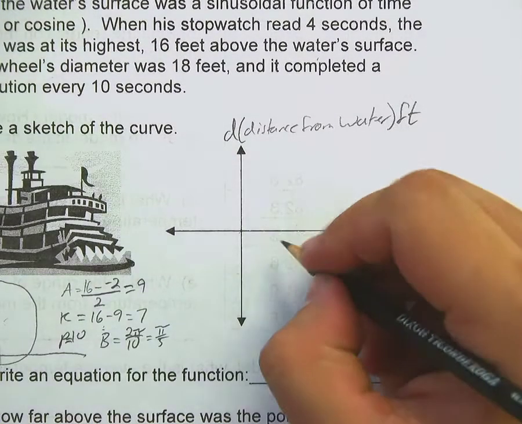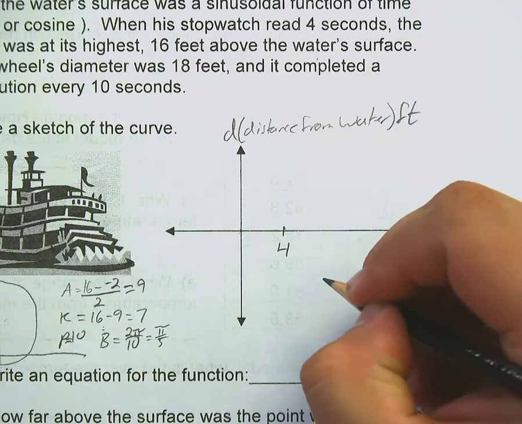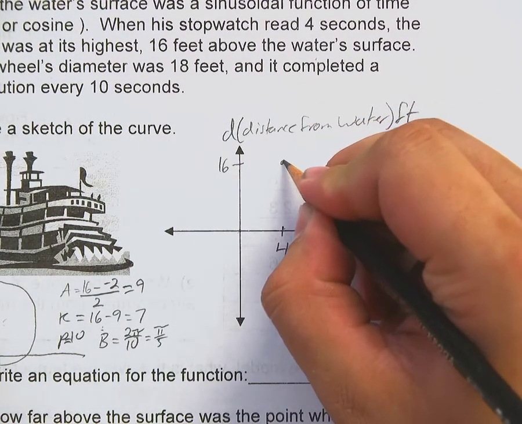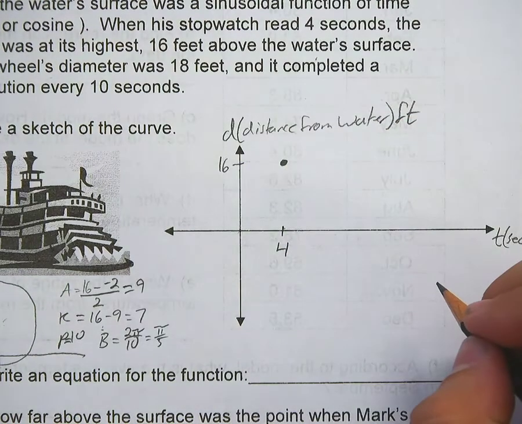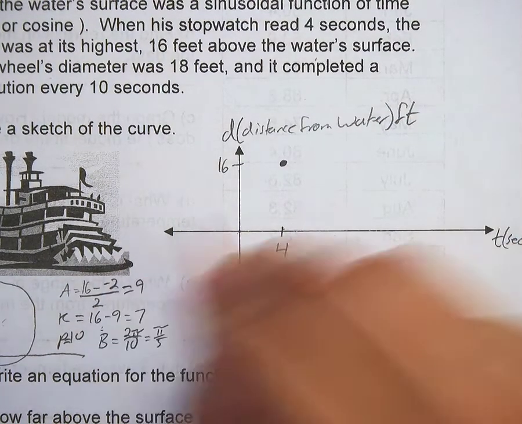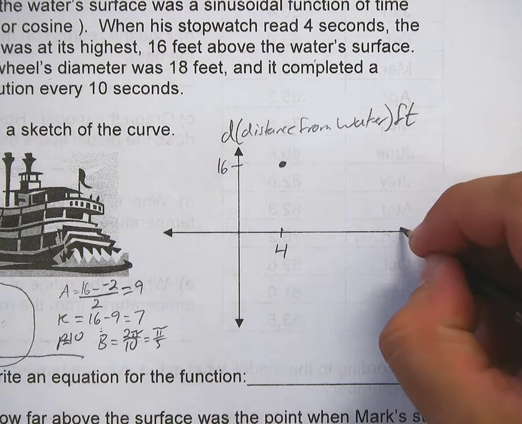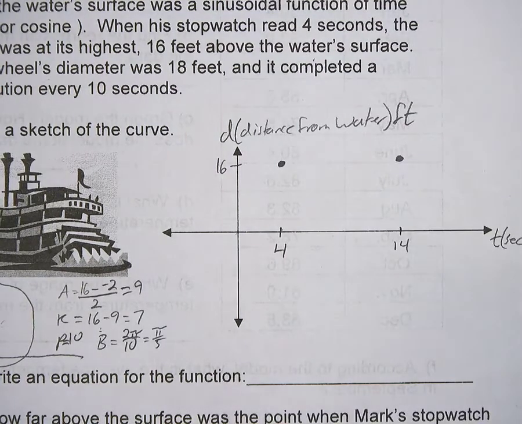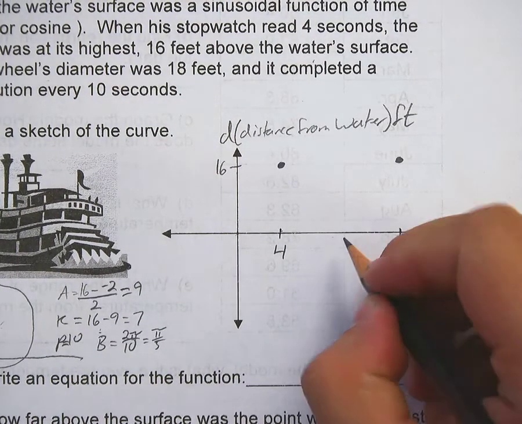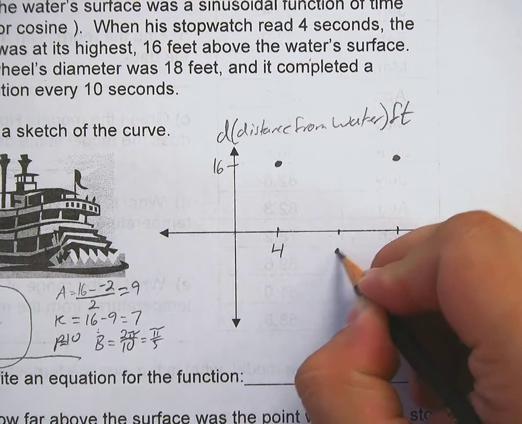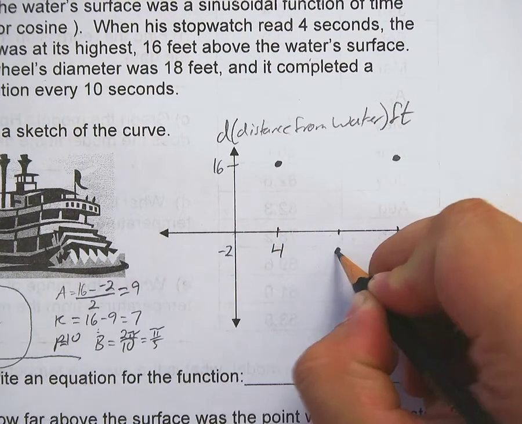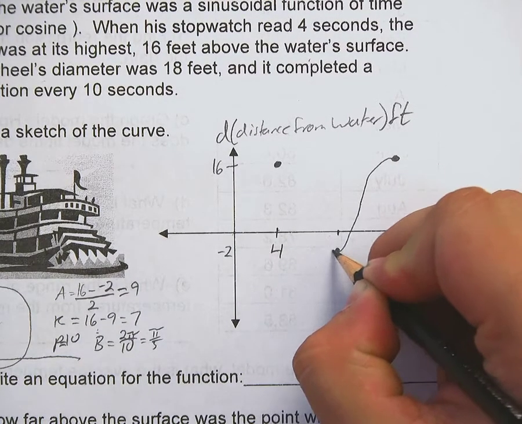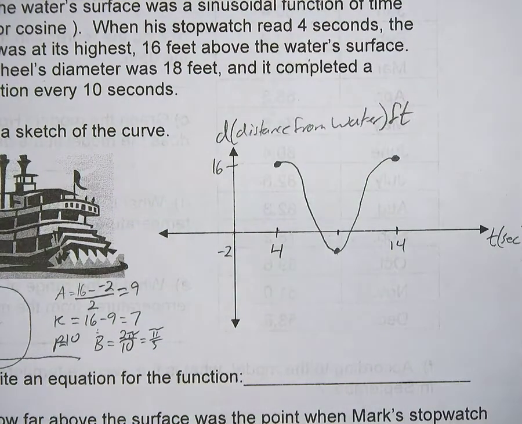It says that at 4 seconds, you hit a maximum, and your maximum is 16, right? And then at 10 seconds later, so now we're at 14 seconds, we should be one cycle over, another maximum. So halfway in between there, we're going to be at -2, 2 feet below the surface. All right, we got our little wave here going on.